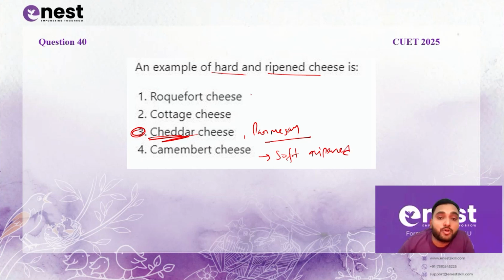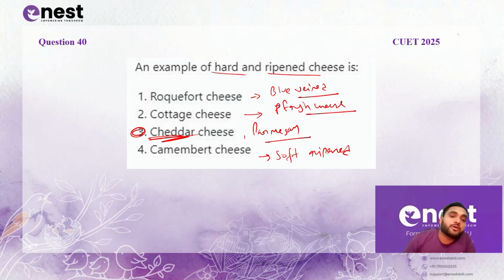If we talk about blue vein cheese, we have Roquefort, which has a characteristic pungent flavor. And if we talk about fresh cheese, which is paneer, then it is called cottage cheese. Okay, so I hope the option was clear for all of you.